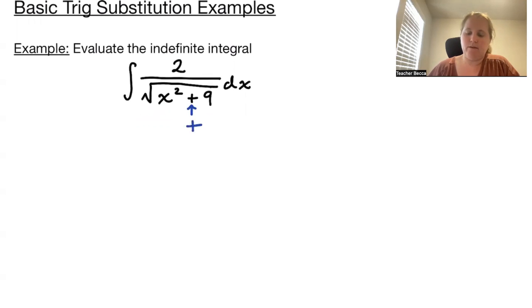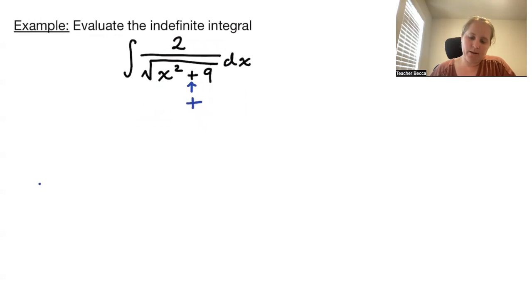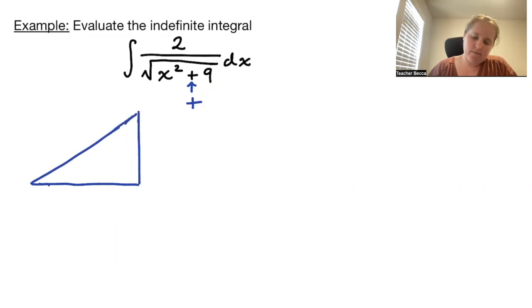Right? So since we have the plus, we know that the triangle that we want to work with will have the square root of x squared plus 9 as our hypotenuse.